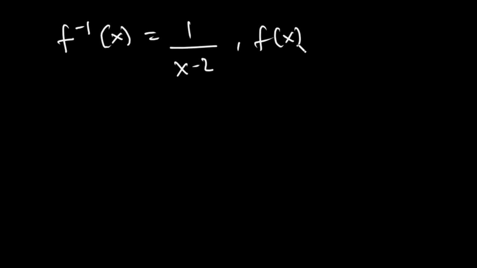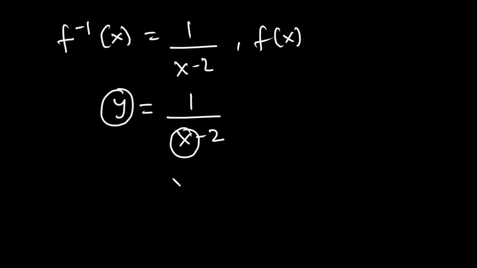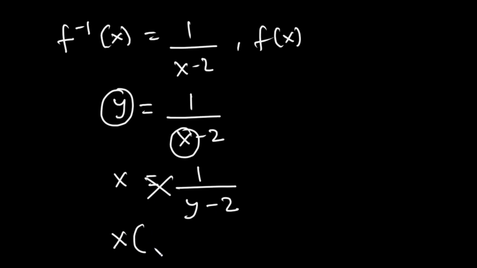Now, to confirm that the inverse of f inverse of x, which is equal to 1 over (x minus 2), is f of x, we need to replace f inverse of x with y. So we have y equal to 1 over (x minus 2). Using the same procedure, we interchange the values of y and x and make y the subject. So we have x is equal to 1 over (y minus 2), and then we cross multiply. So we have x times (y minus 2) is equal to 1.